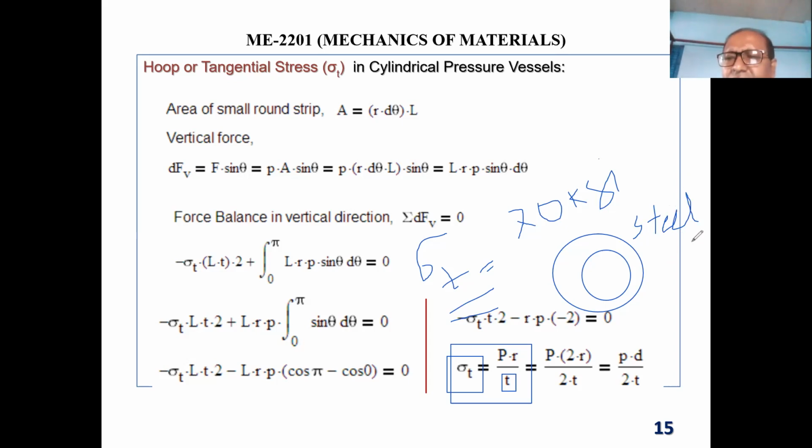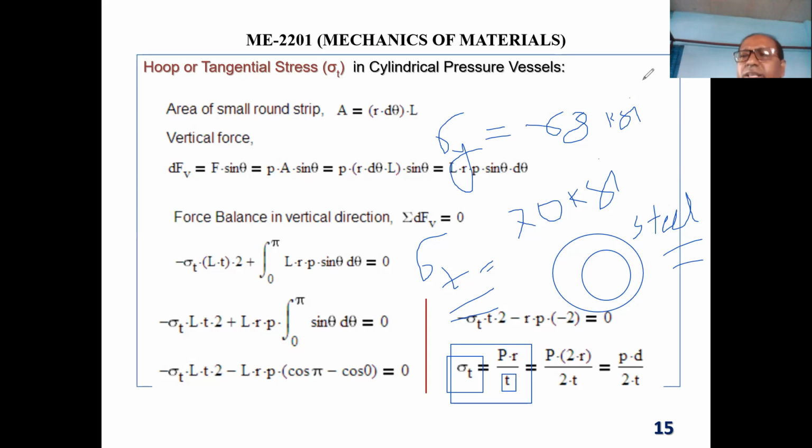Say the yield strength of steel, just for example, you use this special steel and you find that yield strength equal to 68 KSI.